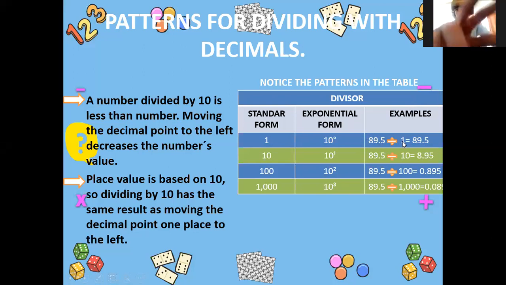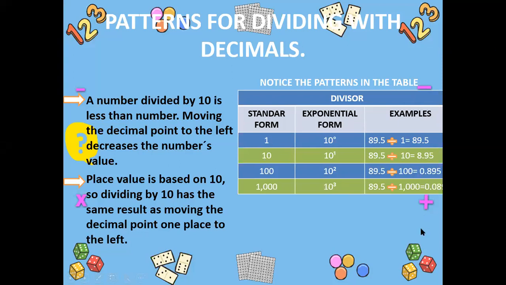89.5 divided by 1 is equal to 89.5. We have 89.5 divided by 10, it's equal to 8.95. We have here 89.5 divided by 100, and this is equal to 0.895.